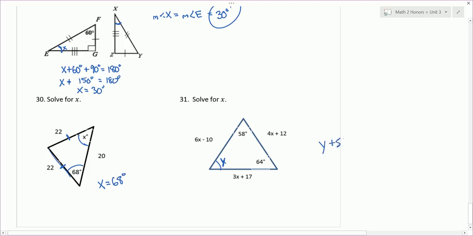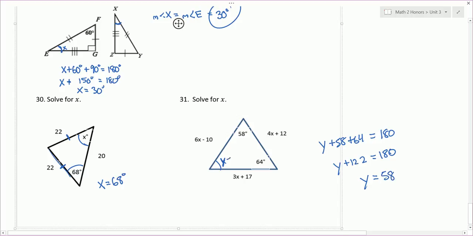Y plus 58 plus 64 is 180 degrees. 58 plus 64 is, so 8 plus 4 is 12, carry the 1, and you get 122. Subtract 122 from 180, and you have 58 degrees. So we got 58 degrees here.